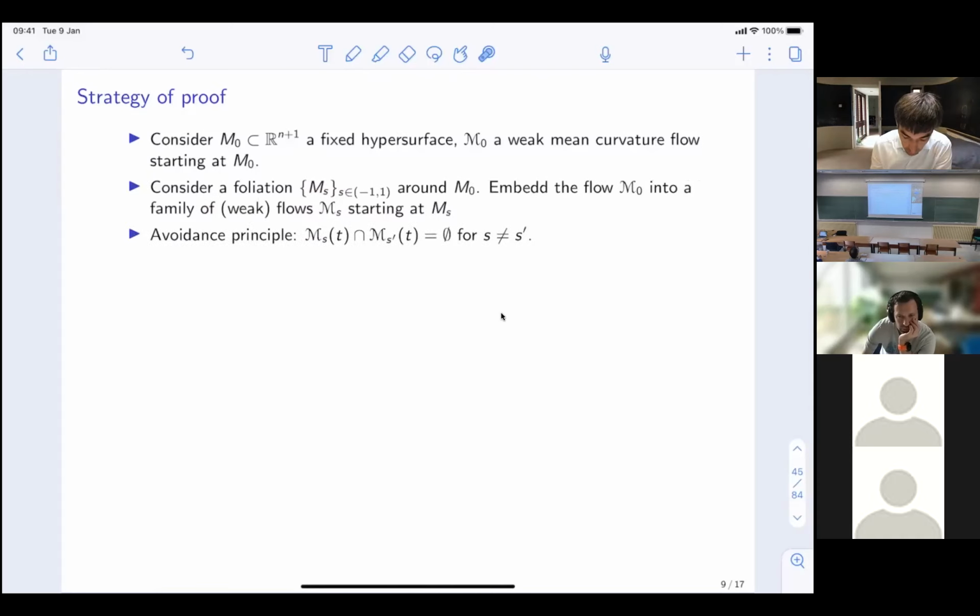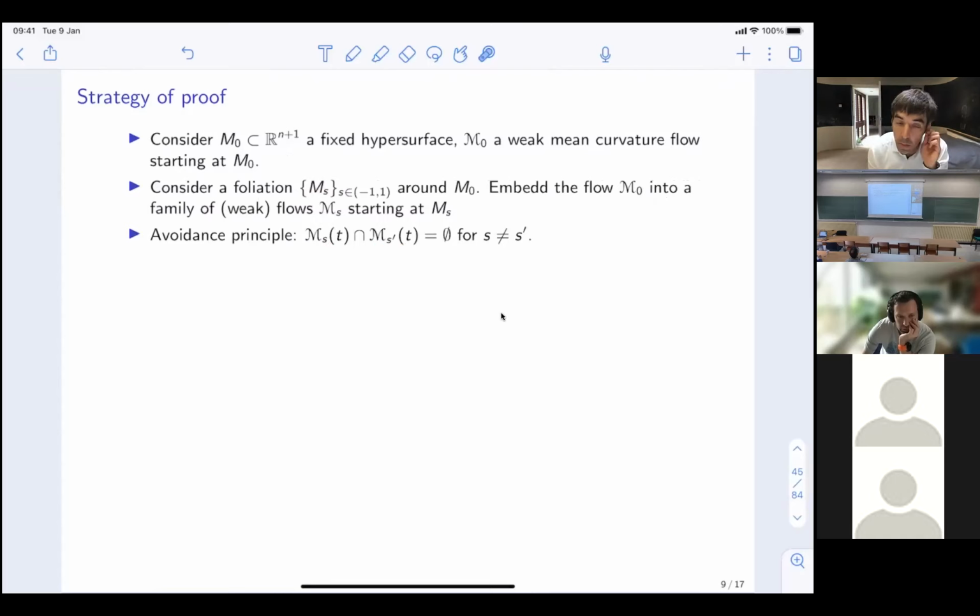What do we know now? By the avoidance principle, these weak flows still have to avoid each other. So we get more or less a foliation of flows around our initial flow, so we can foliate the whole neighborhood.